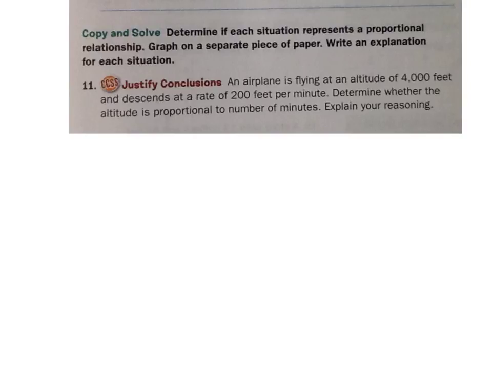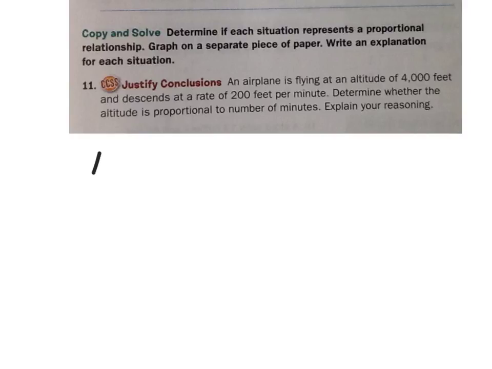Now, let's look at the one at the bottom, and it should be similar. So here we have this airplane flying at 4,000 feet, and it descends at a rate of 200 feet per minute. Determine whether the altitude is proportional to the number of minutes. So, let's see.